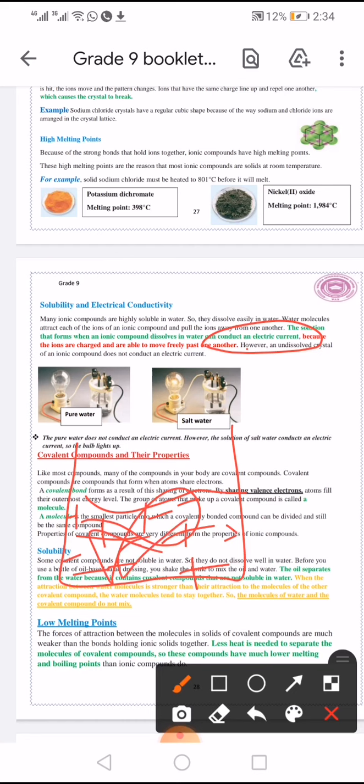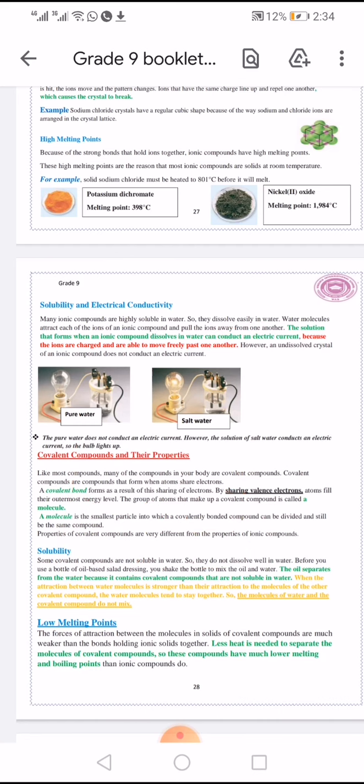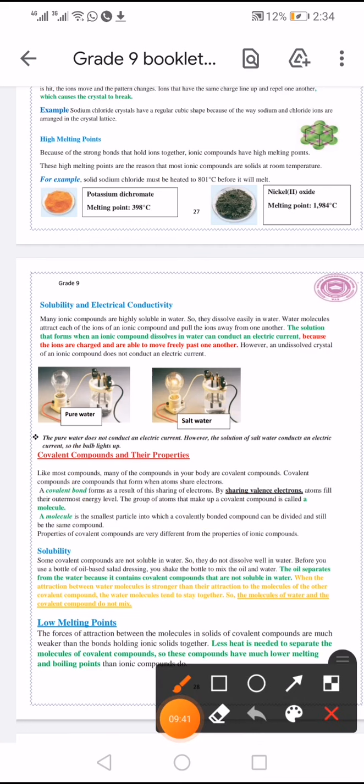However, undissolved crystals of an ionic compound do not conduct an electric current. Undissolved or solid crystals cannot conduct electricity. Only dissolved ionic compounds can conduct electricity, like table salt after being dissolved in water, while solid table salt crystals cannot conduct electricity.